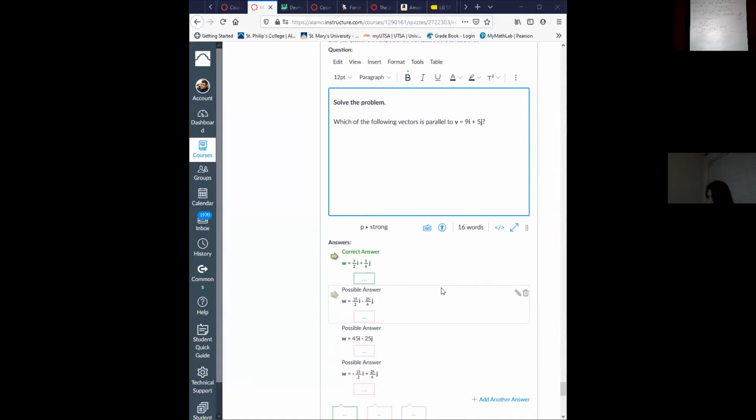Actually, I'm sorry. If the dot product is 0, then they are orthogonal. If they are parallel, it should give you a 1. Let me check the notes here.